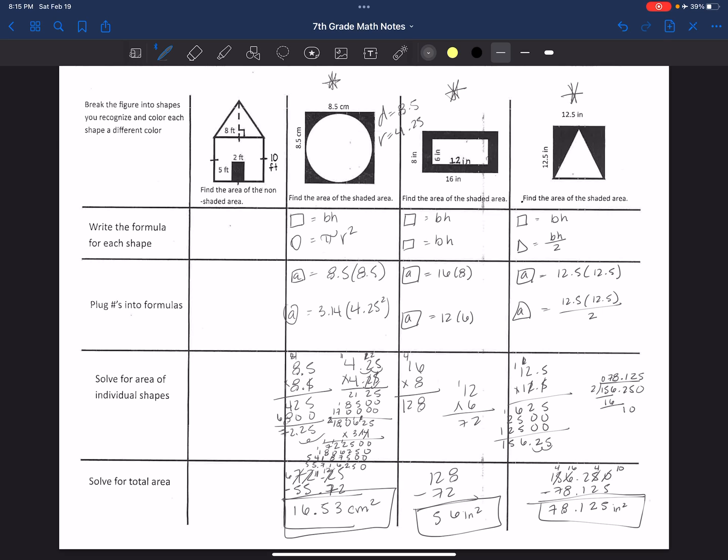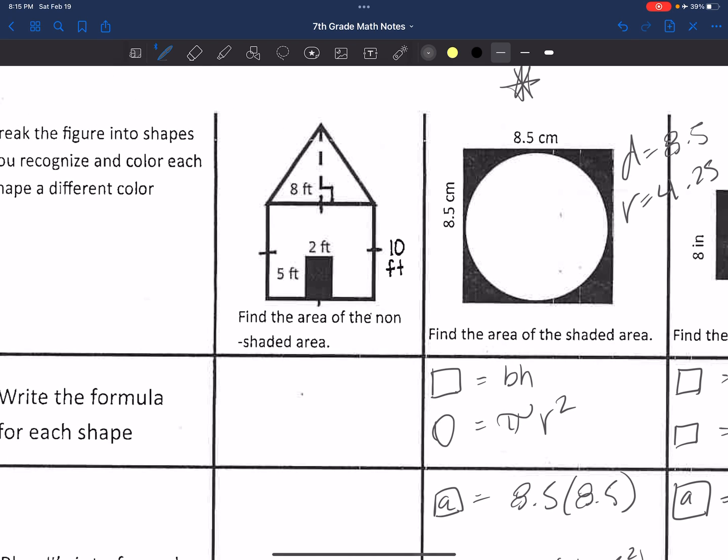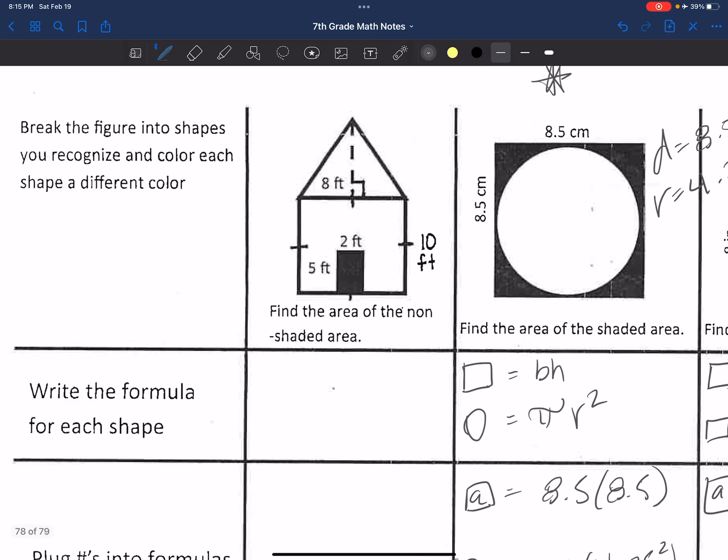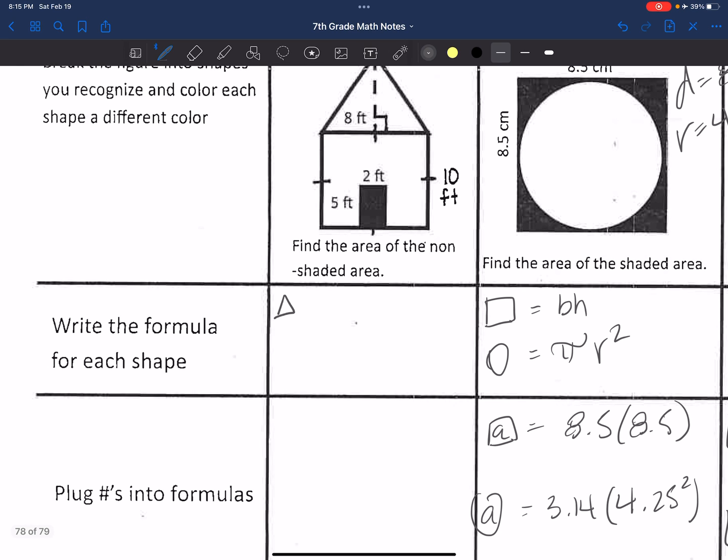All right, now to do this first one, the reason I saved it for last is because I'm trying to find the area of the non-shaded region. So it is a house, which means I do need to find the area of the triangle on top, which is base times height divided by 2, the base of my house, which is just base times height, and then the door, which is also going to be base times height.